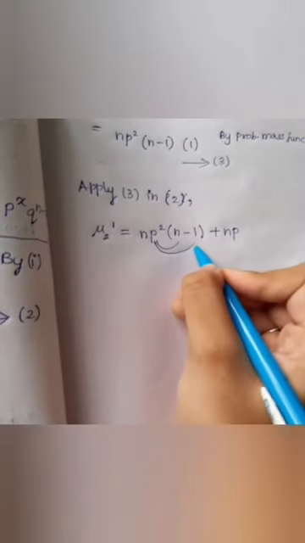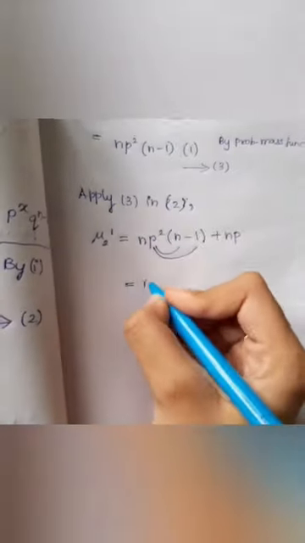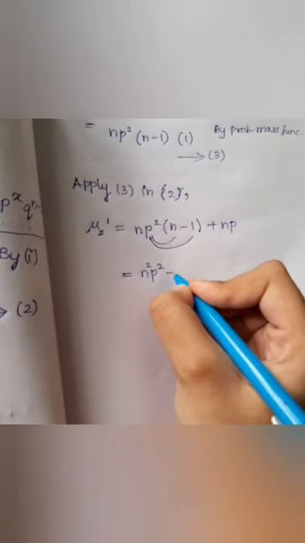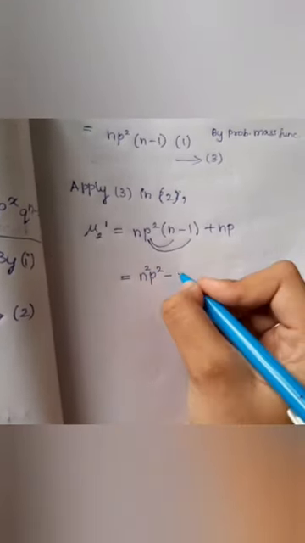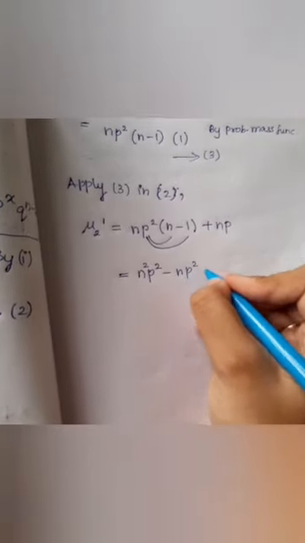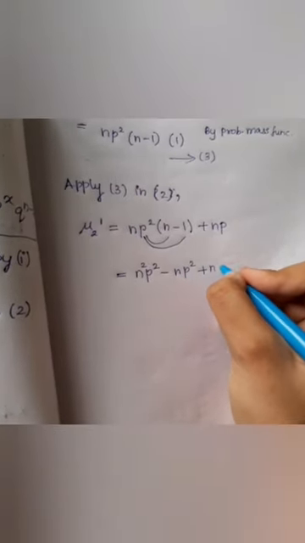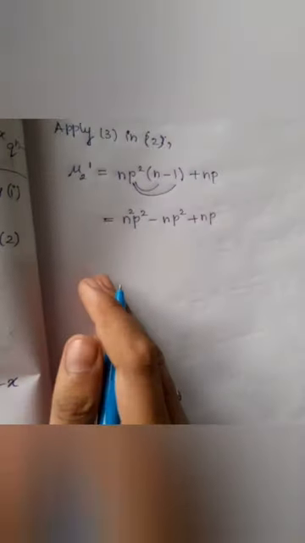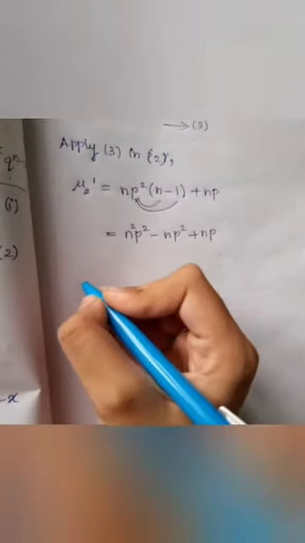So multiplying inside, np square n minus 1 becomes n square p square minus np square, plus np. Now the variance formula is mu2 dash minus mu1 dash the whole square.